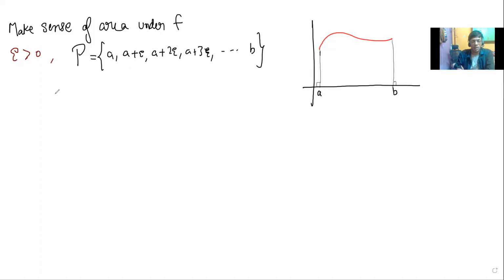We took this partition, and for this partition, we took what is called an upper sum. It's very important to understand this clearly. Again, I'm using this notation today. I kind of used it last time also, I think.